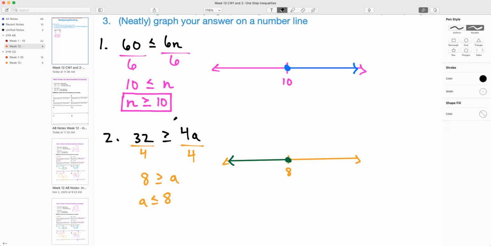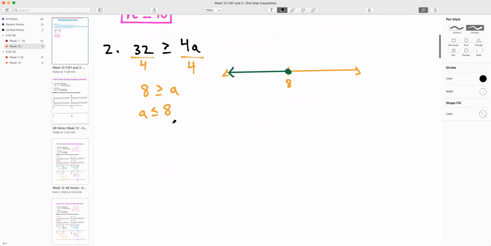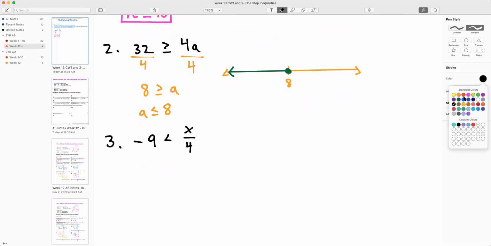All right, let's move on to number 3. -9 is less than x divided by 4. In this question, we're going to have to multiply or divide the coefficient.